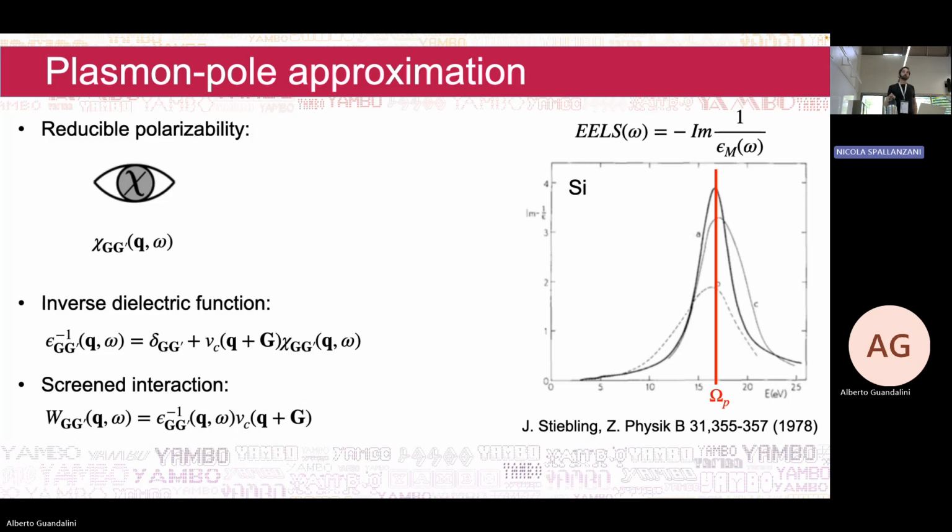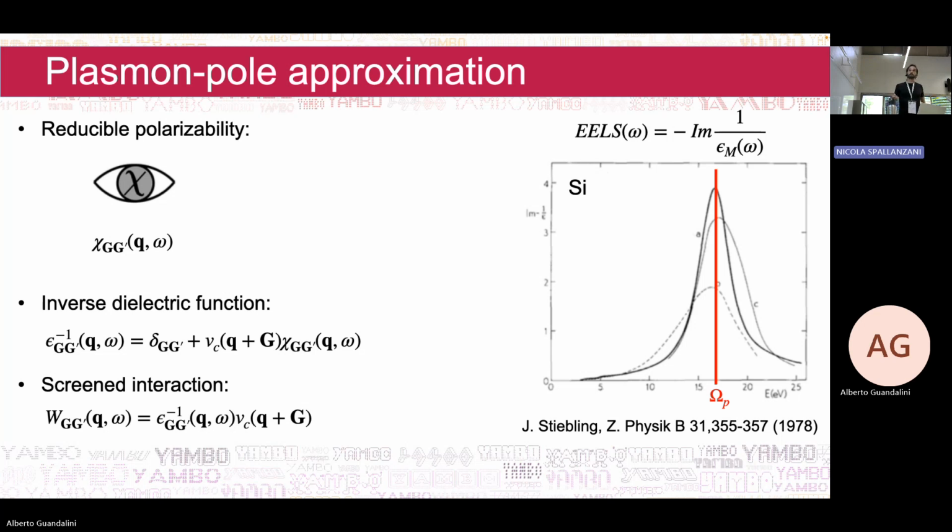So in order to reduce the calculation, and in particular to evaluate the screening at as few frequencies as possible, it is now common to perform the plasmon pole approximation, which again will be described in more detail in the next lecture.